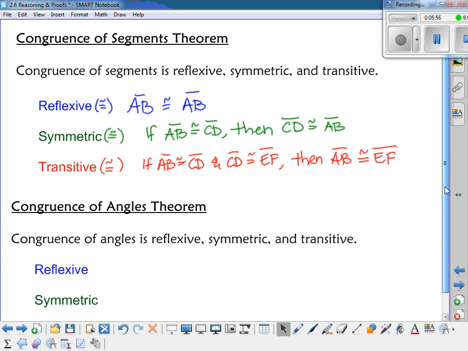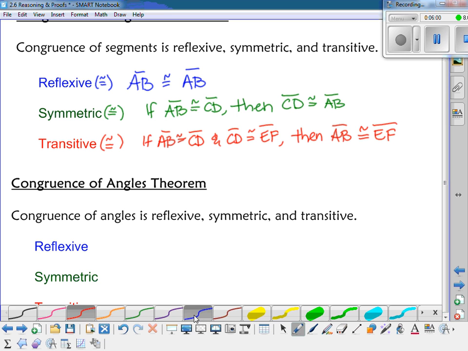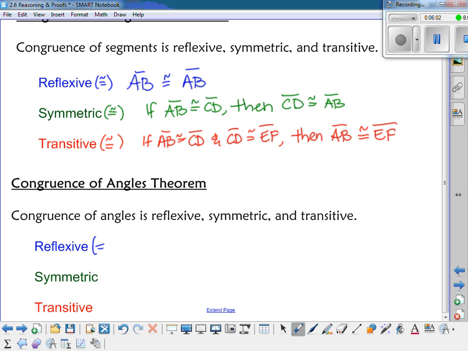This can also be used with angles, not just segments. It's the same idea though. Reflexive property for congruence: angle A is congruent to angle A. In other words, angle A is looking at himself in the mirror.